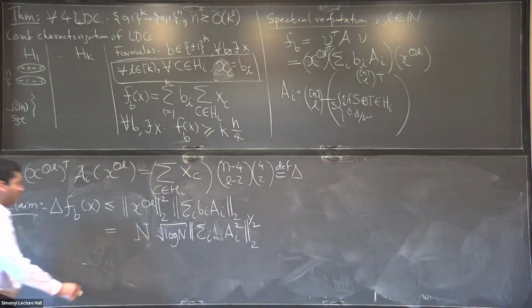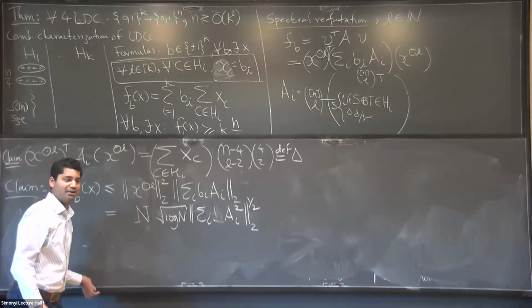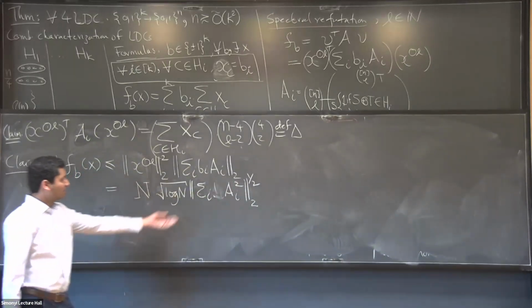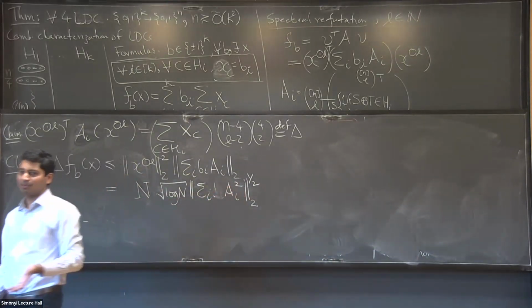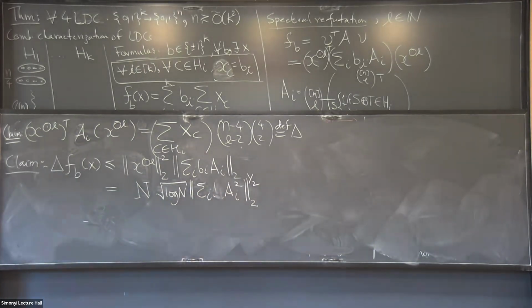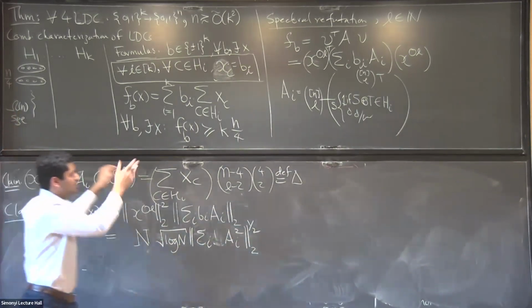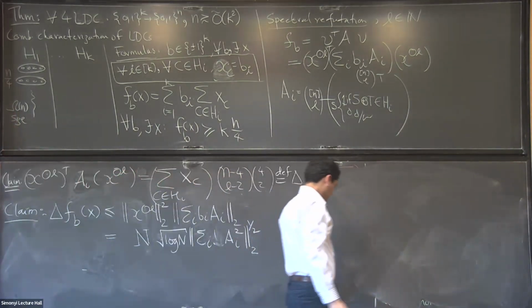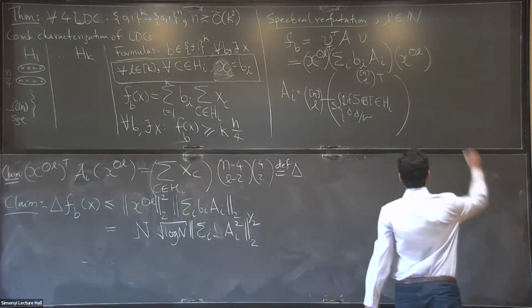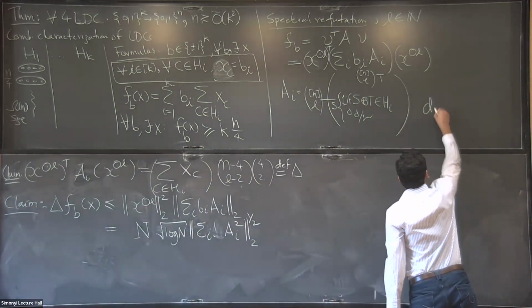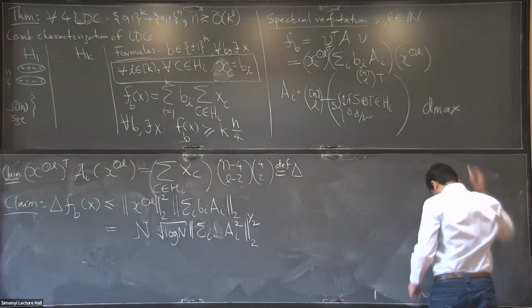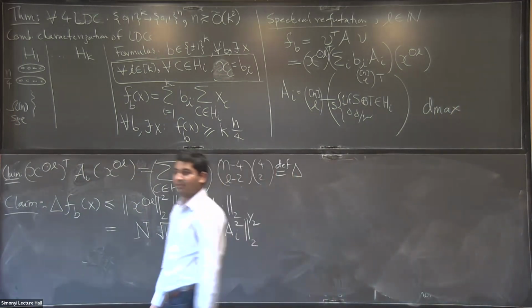Okay, great. We've computed this expression. So now what? Now we're going to upper bound this. Actually, I'm going to use a very trivial upper bound. Remember that Ai is the adjacency matrix of a graph. Let's say its degree is D max, the largest degree of any vertex in Ai.